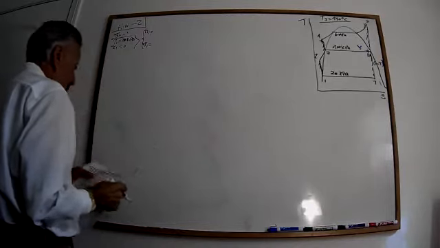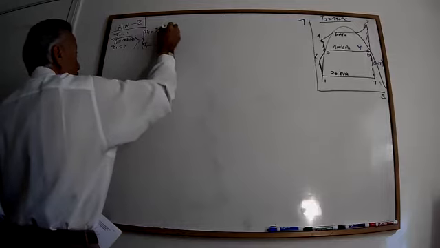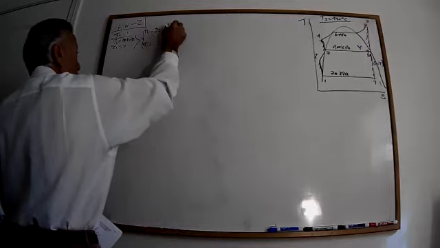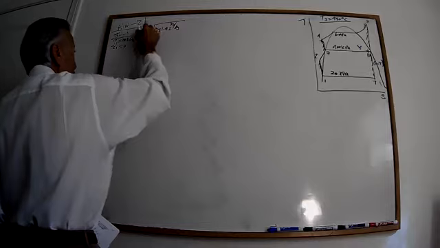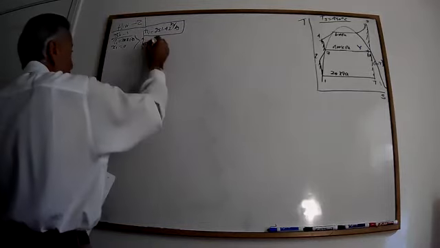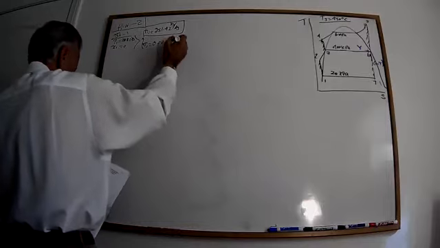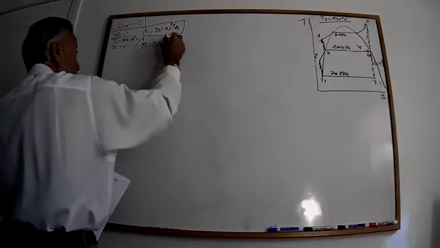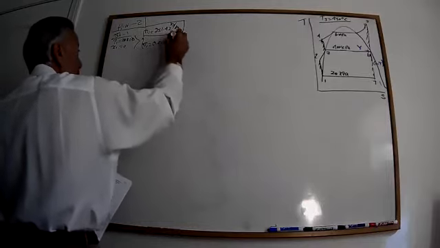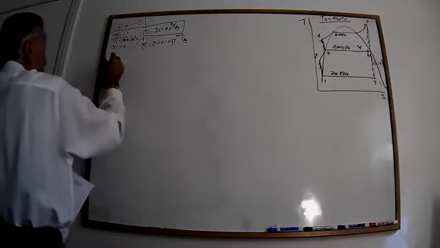The value of H1 is 251.42 kilojoules per kilogram. The value of V1 is 0.00117 meter cubed per kilogram.